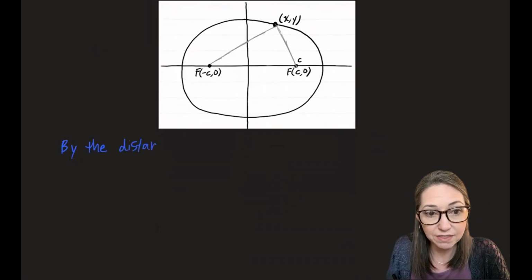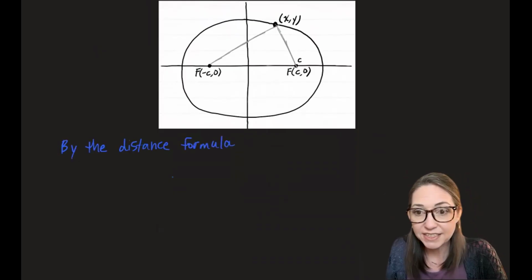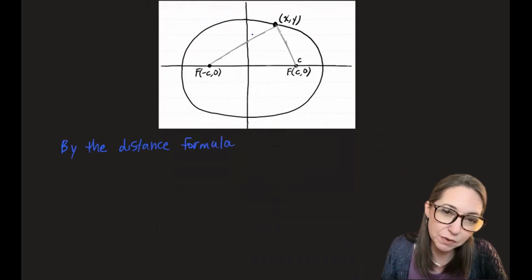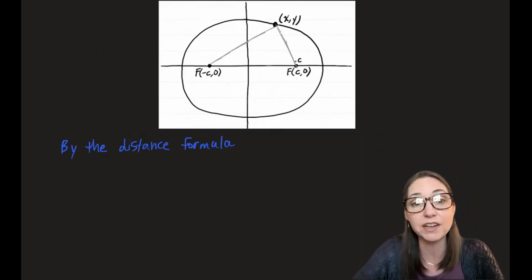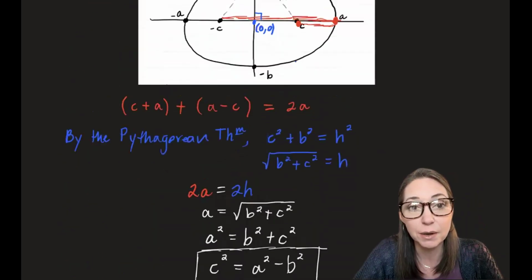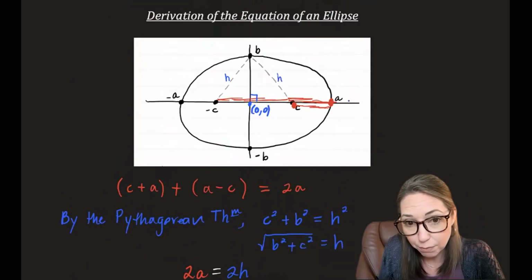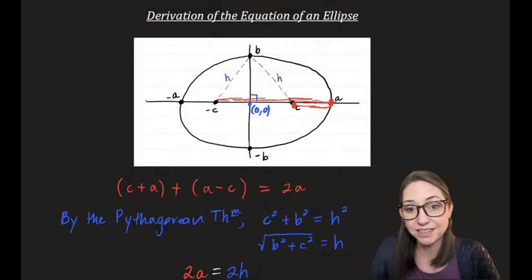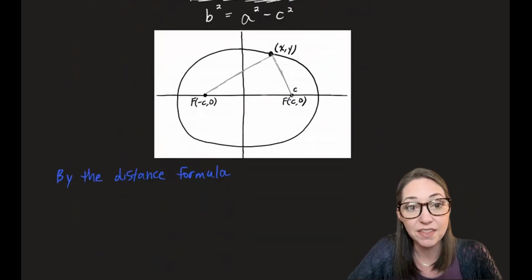So by the distance formula, what can we say? Well, we can say that the sum of the distance from this focus to that point plus the distance from that point to the other focus is equal to 2a, because we already know that the sum of the distances between the focus and any point, and that same point and the other focus, can be reduced to 2a because it is a constant. So that is a very simple way to describe that distance.